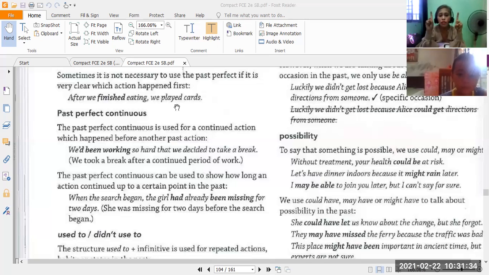Before you decided to take a break, you had already been working so hard. Okay? You understand? This one, before you decided to take a break, you've already been working so hard in the first finger. Yes. Okay. That makes it past perfect continuous.